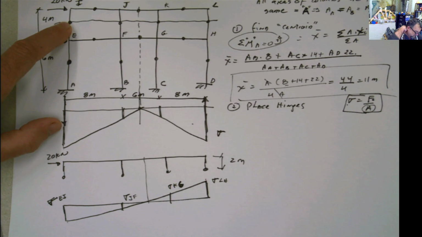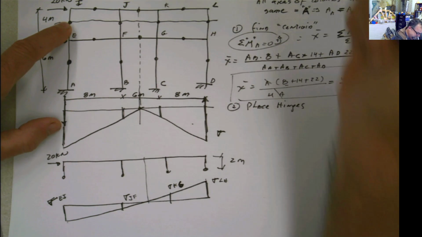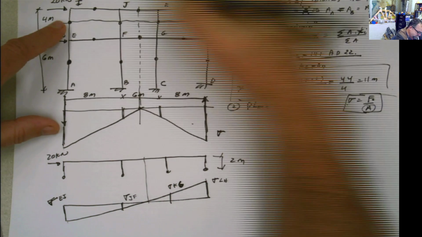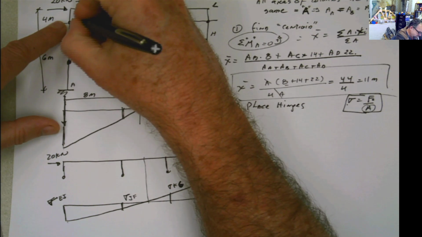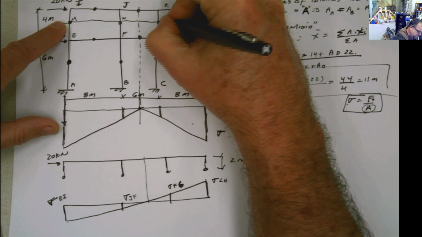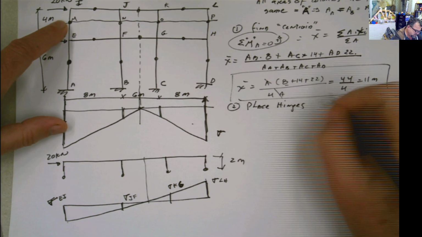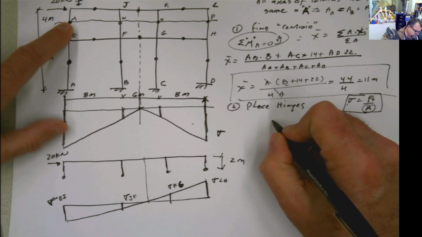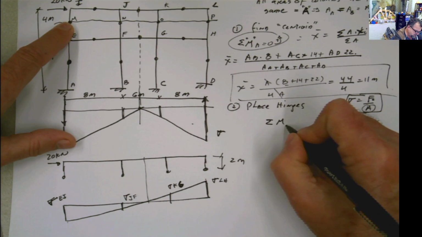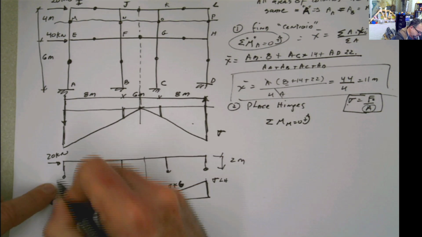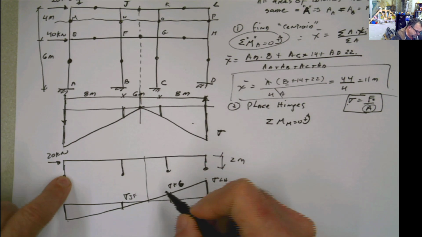Let's call that point M, N, O, P. So let's do summation of moments at M equals 0, like that, in this part. So M is this value here.